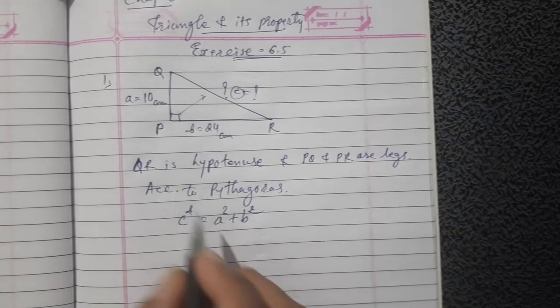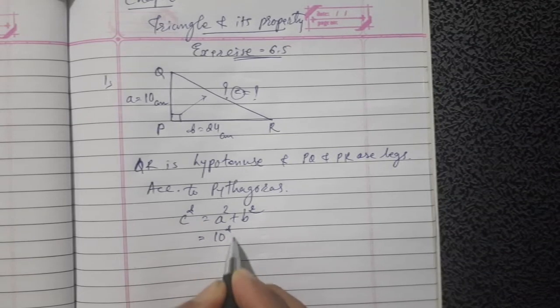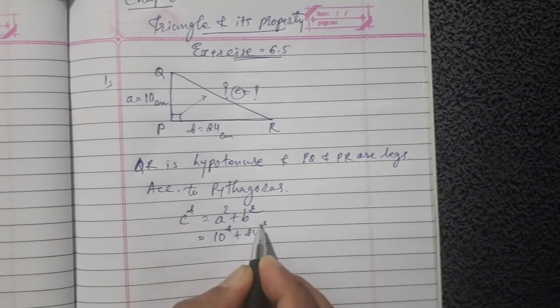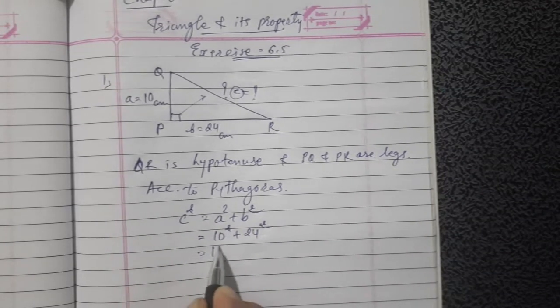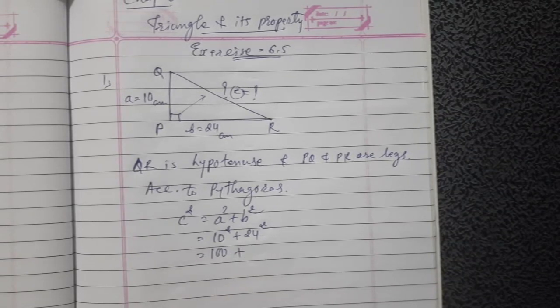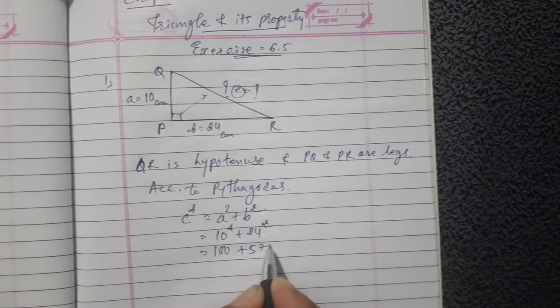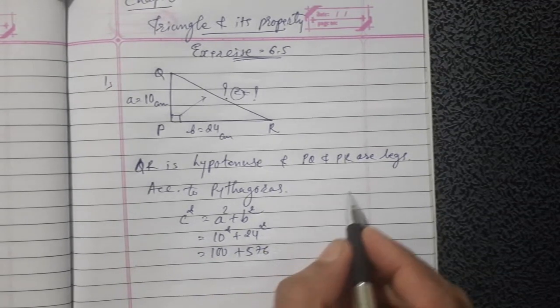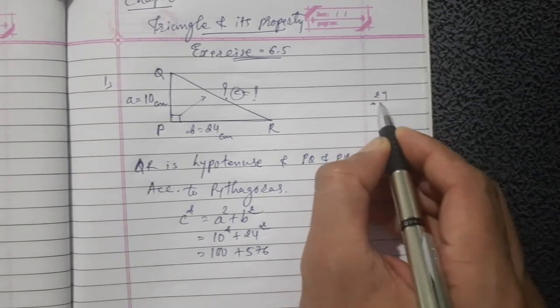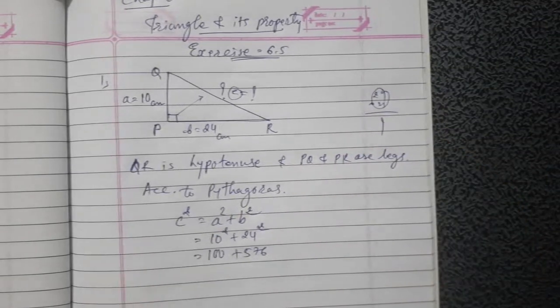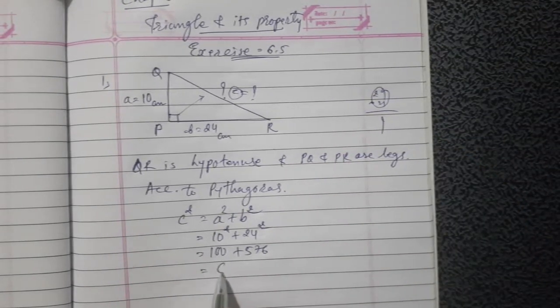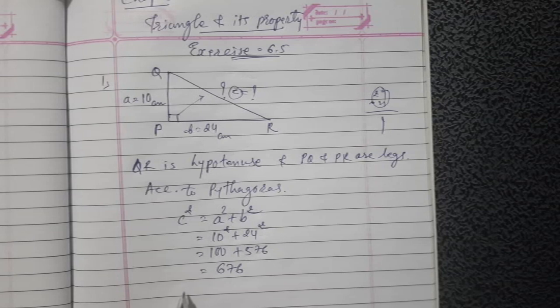Now A means 10 centimeter, so 10 square plus 24 square. 10 square is 100, plus 24 square, that is 576. You just multiply 24 into 24 and find the answer. So the total is 676. C square equal to 676.